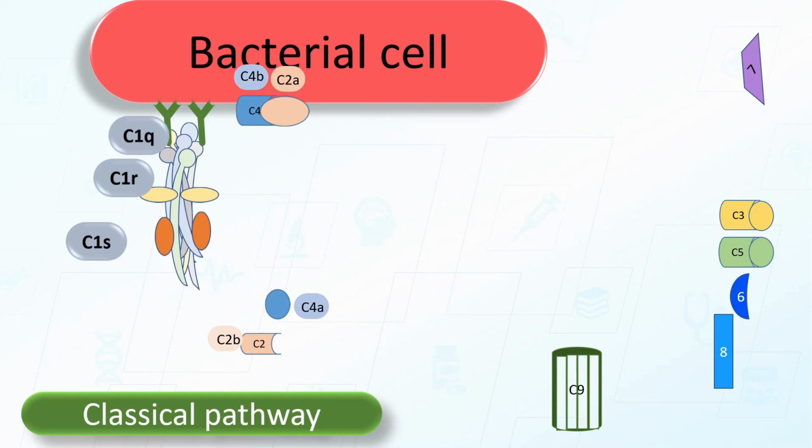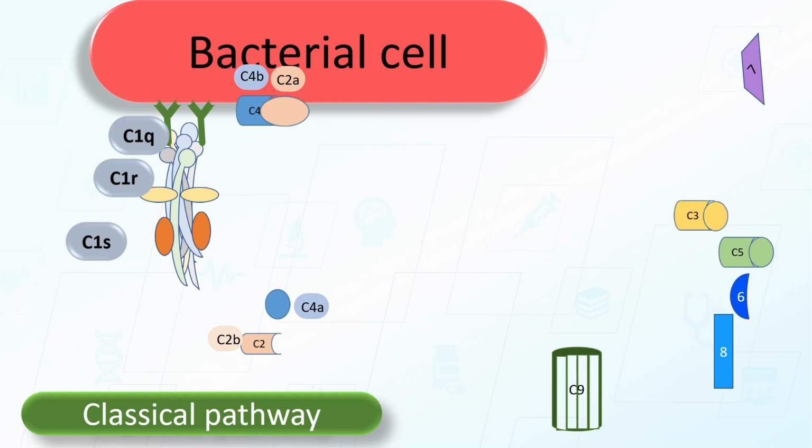This bound C4b and C2a: the b is the binding site from C4, and the a from C2 is proteolytically active. So it will convert other complement factors into their active form.